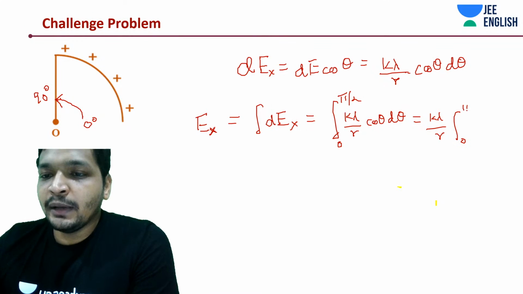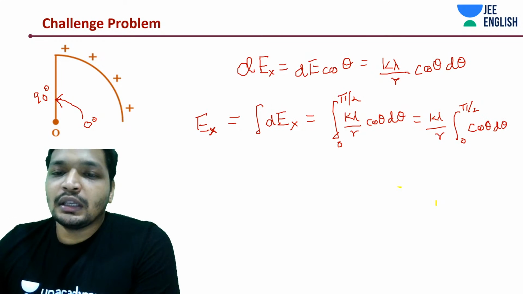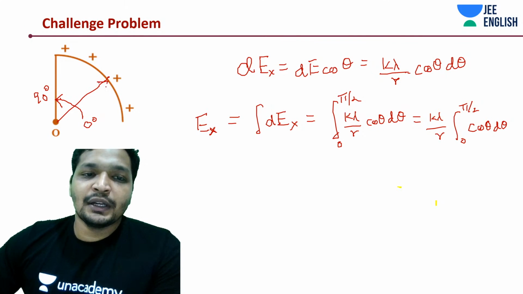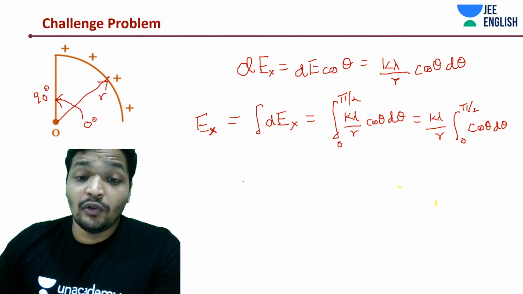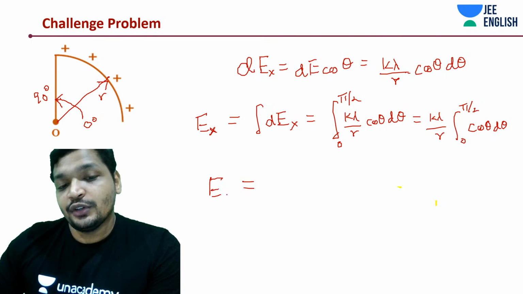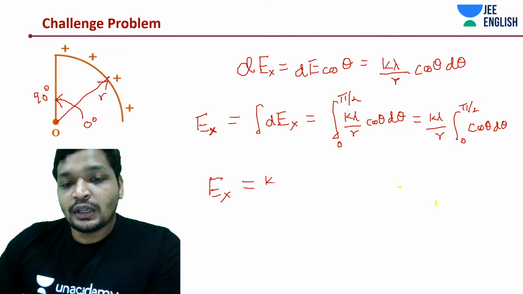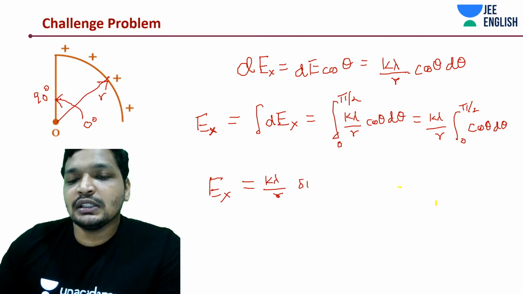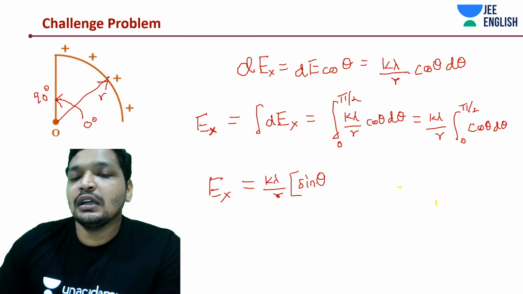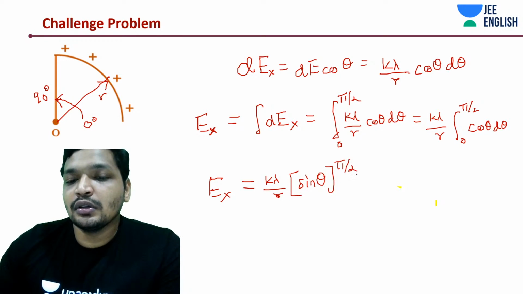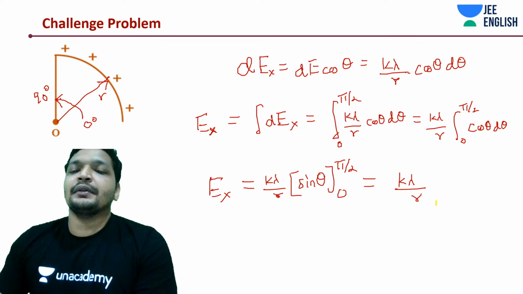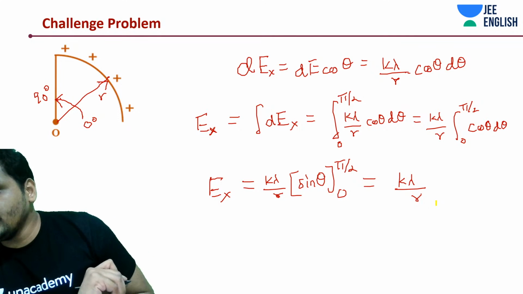And this will become sin theta. k lambda by r is constant, r is always constant. Simple, guys. It's very, very simple. Also one of the asked topics, so why not do it? So k lambda by r, integration of cos theta is sin theta, from 0 to pi by 2. How much are you getting? k lambda by r. Simple.